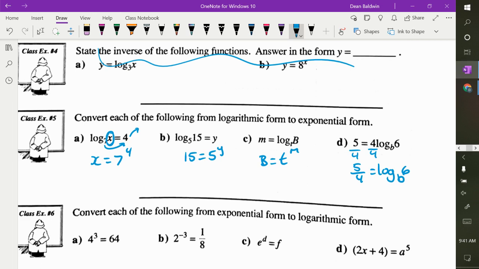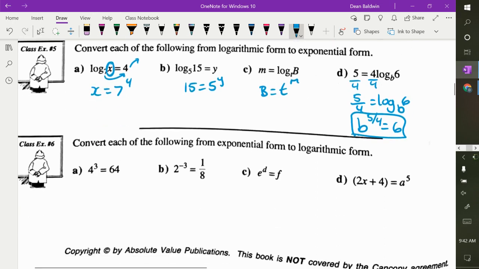Now what do I write? b to the power of 5 over 4 is equal to 6. Do you do the square root of that? No, just leave it like that right now. Okay. Yeah, we're not solving it. We're just practicing going back and forth.